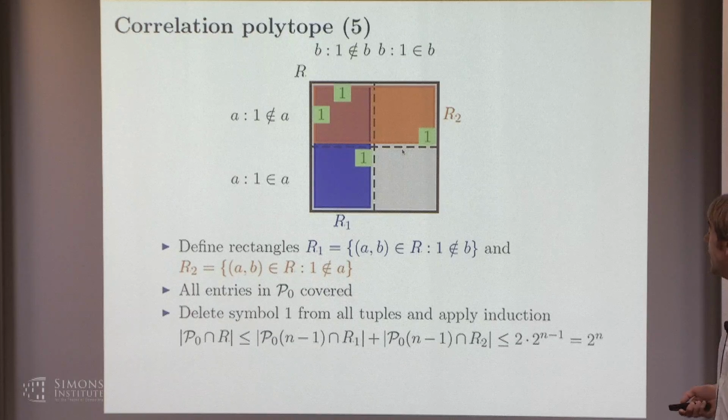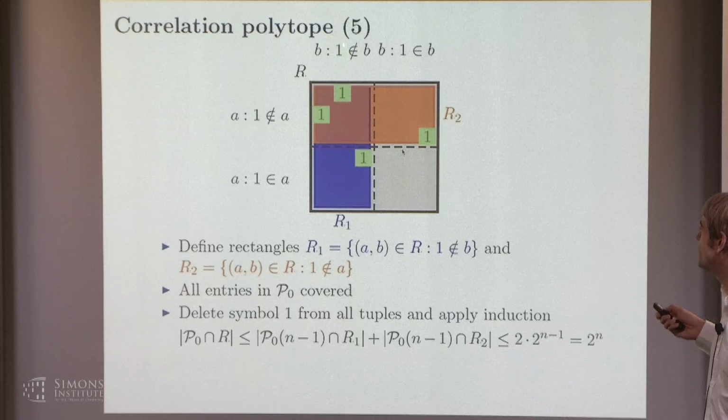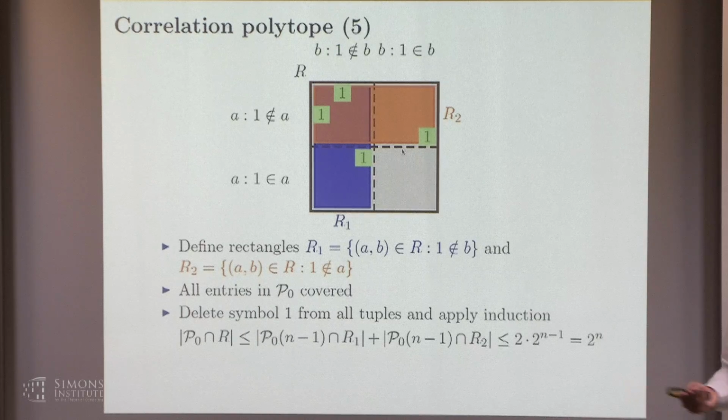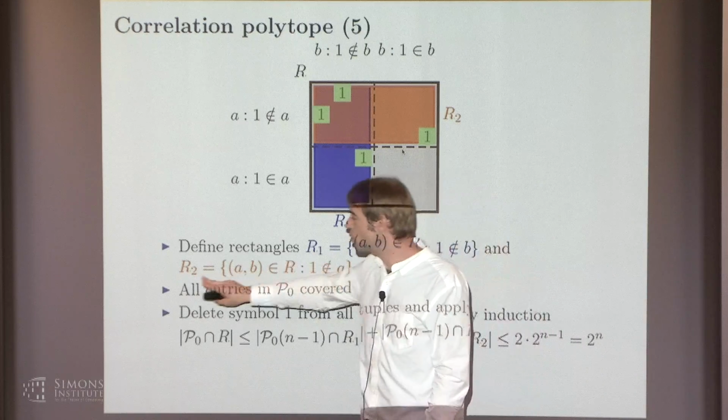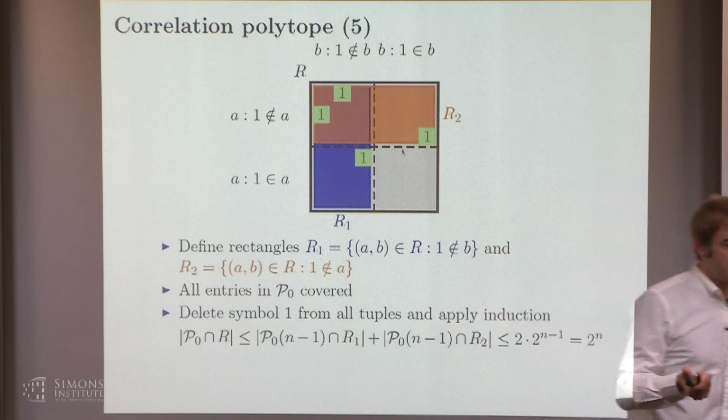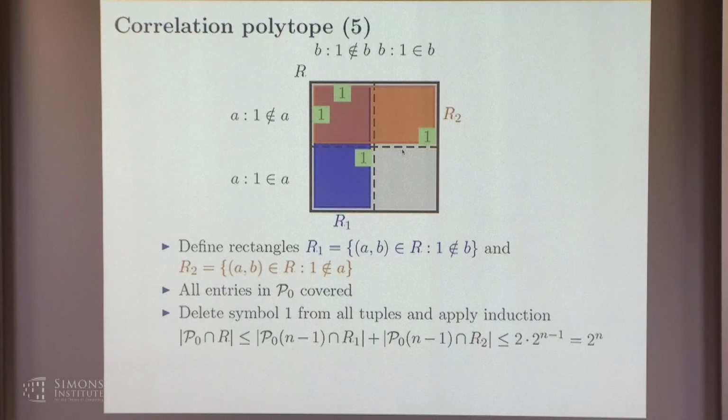If you stare at, let's say, the blue rectangle here, then you only took the B's where 1 was not contained in B. What happens if you delete the symbol 1? Well, the 1 may have been in the A's, but the 1 was never part of an intersection pattern, so deleting it does not change the intersection. So still, we have two rectangles, R1 and R2, that do not contain a pair AB sharing precisely one symbol.